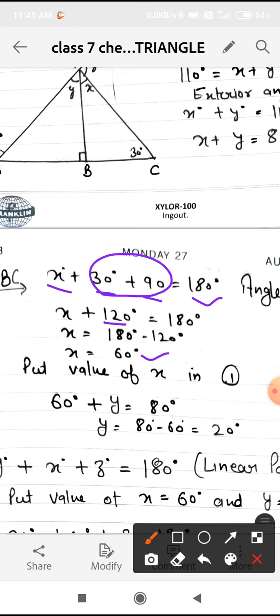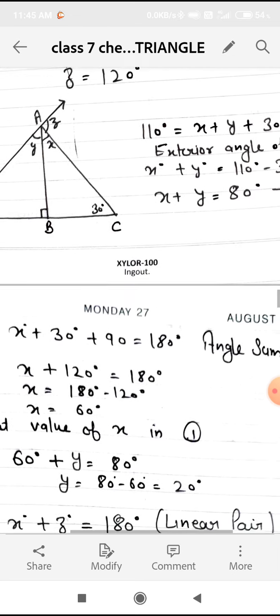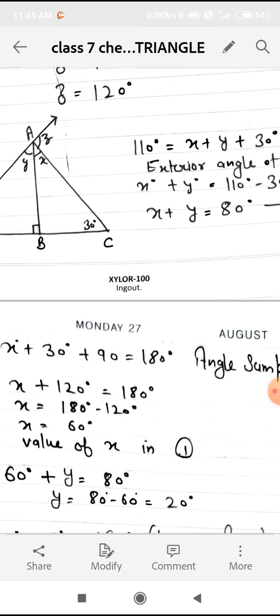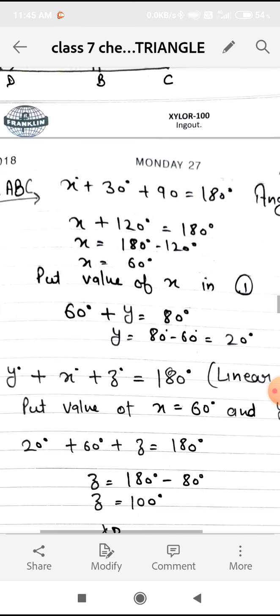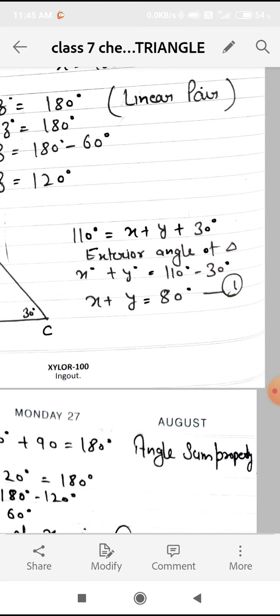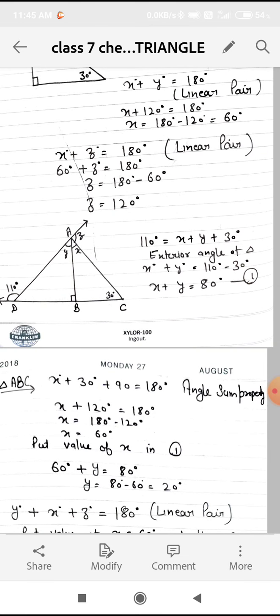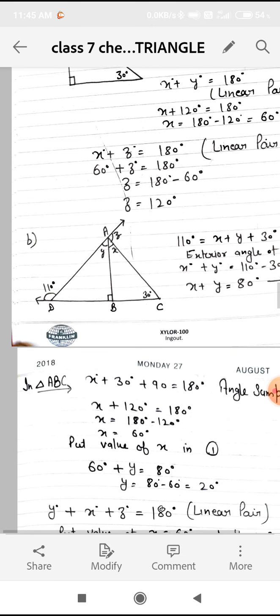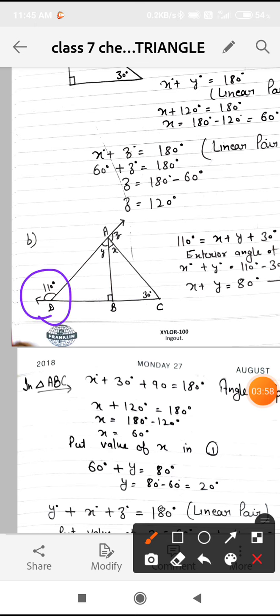Now let's calculate y and z. Either you can calculate z first or you can calculate y. First let's take this part. What I did here: this side is produced, so this is the exterior angle. 110 will be equal to the sum of this complete angle, x plus y, and 30 degrees, because 110 is the exterior angle.